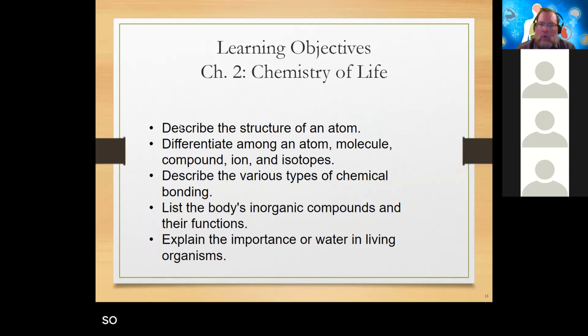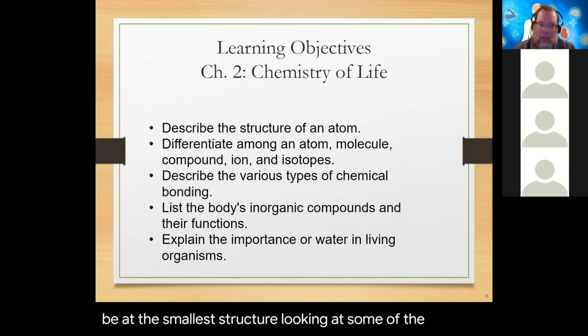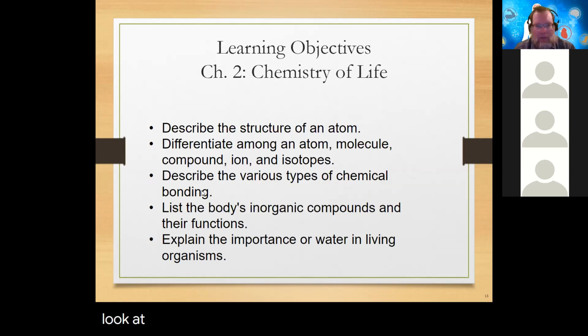So remember, the chemical level and that atomic level, that's where we're going to start with analyzing the body's different organizational structures. So we're going to be at the smallest structure, looking at some of the chemistry that's involved with the body. So anyhow, we'll look at atoms, molecules, compounds a little bit to give you a couple of examples.